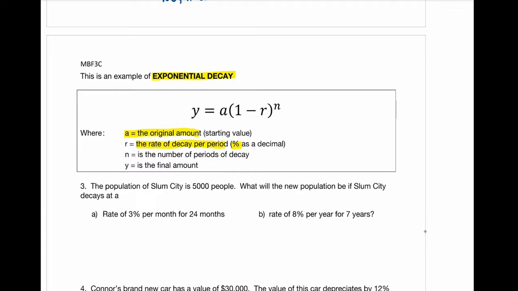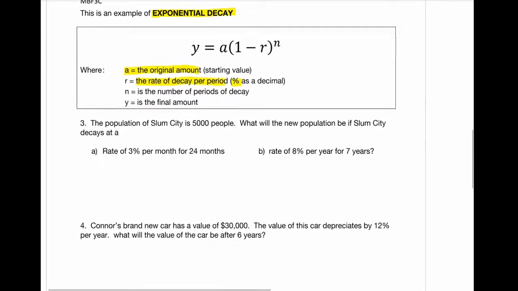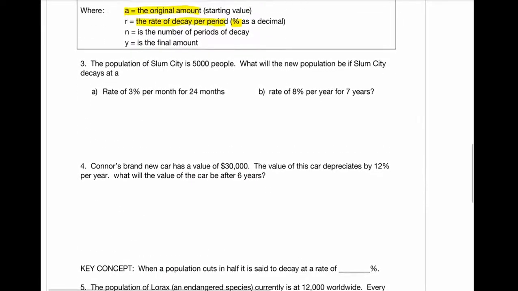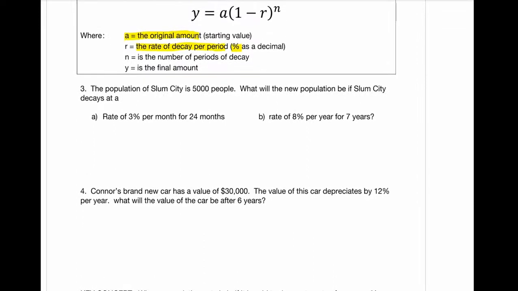So let's work through some examples to get used to using this in an actual equation. The population of Slum City is 5,000 people. What will the new population be if Slum City decays at a rate of 3% per month for 12 months or 24 months? So here, my A is my initial value, or my starting value. How many people do I start with? I start with 5,000.